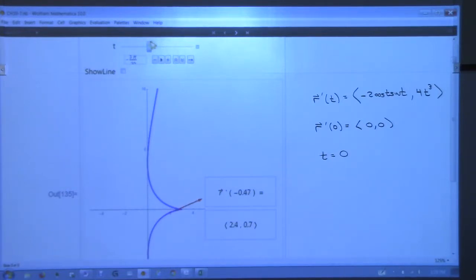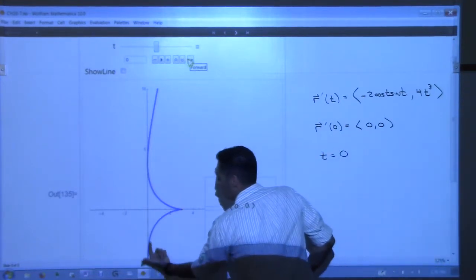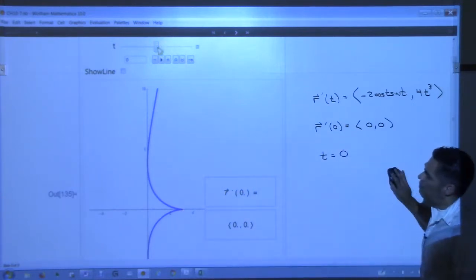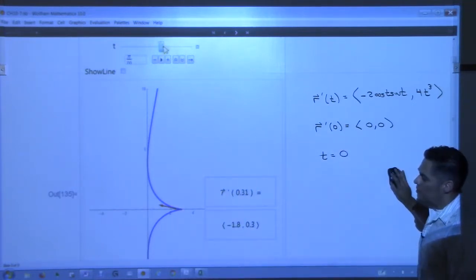And then what happens when we get to 0? I think there, right? We get the 0 vector. So it was like, and then it smushed down to the 0 vector. And then as soon as I go past 0, see it? Look at the direction of the vector. See, it's pointed to the left. And then when I come back, where's it point?